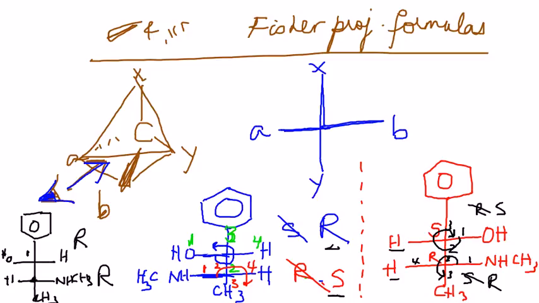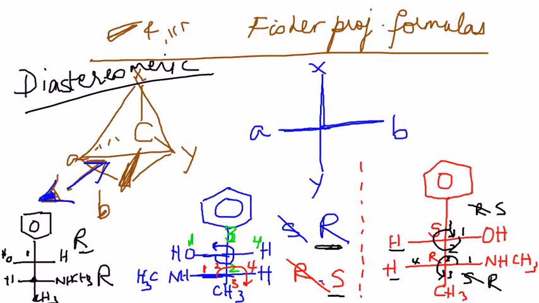Situations such as these, where half of the configuration is exactly same as your starting enantiomer, and the other half is inverted, these molecules are said to be diastereomeric. So I introduced the term enantiomeric earlier. These are diastereomers.